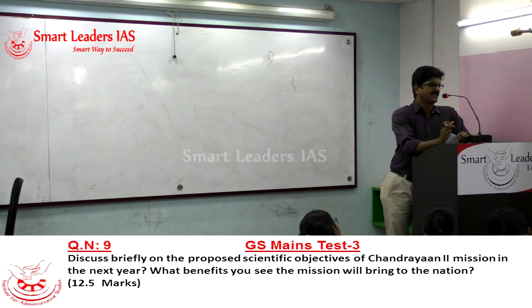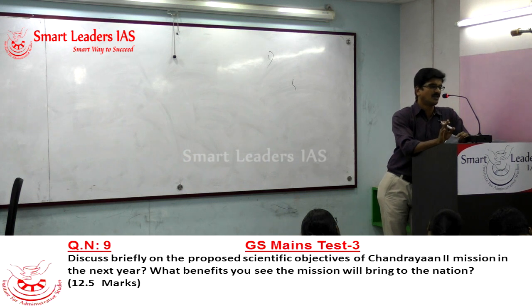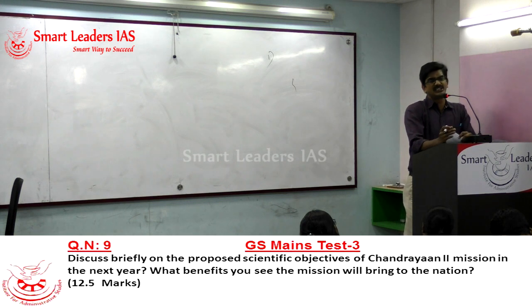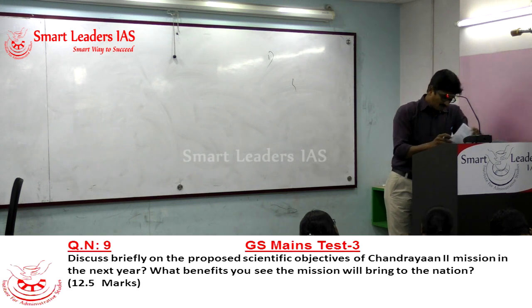But due to the failing Russian space programs, Russia withdrew from the program in 2010 and India was compelled to take the mission on indigenously. So in 2008 it was announced, and in 2010 the mission went indigenous because Russia backtracked from its association in this program.